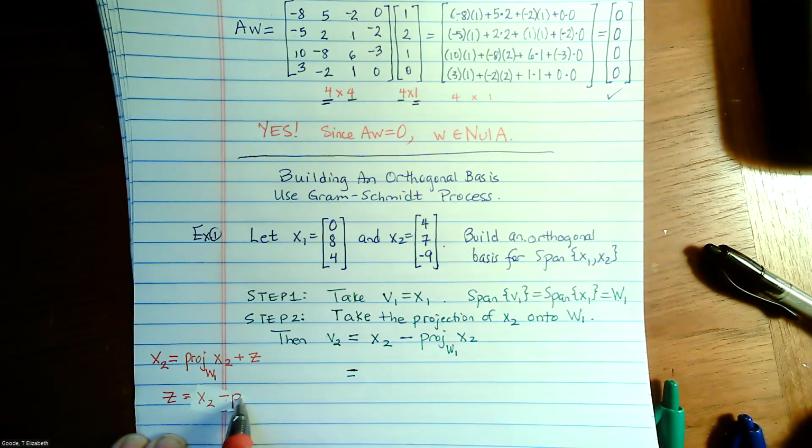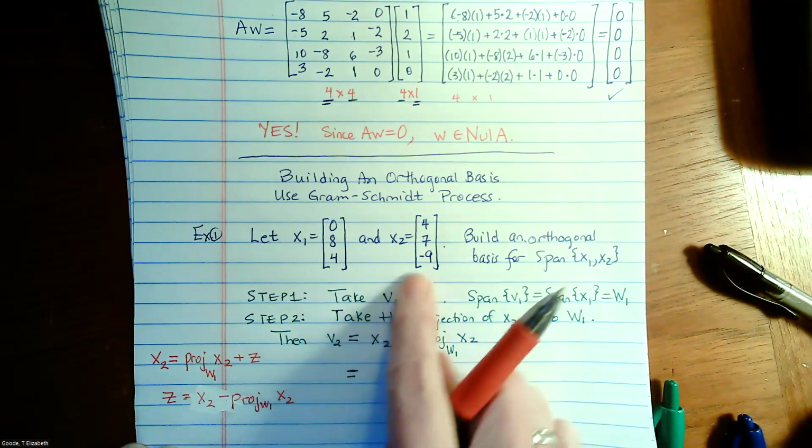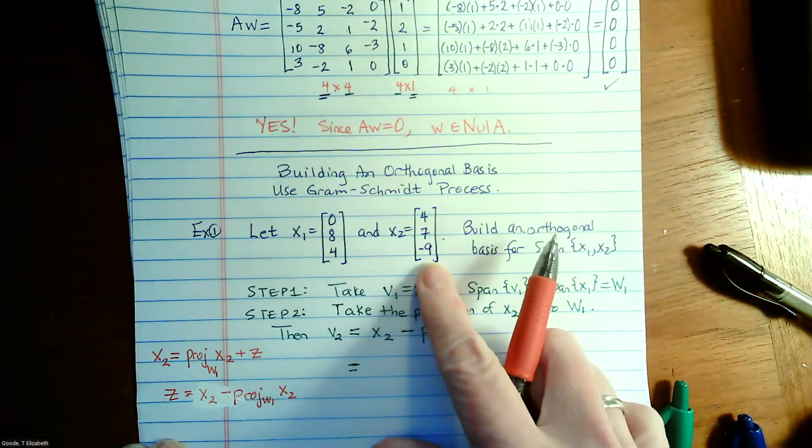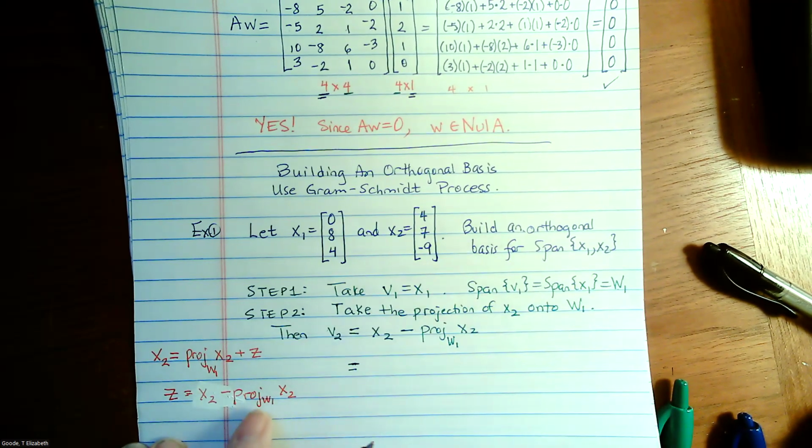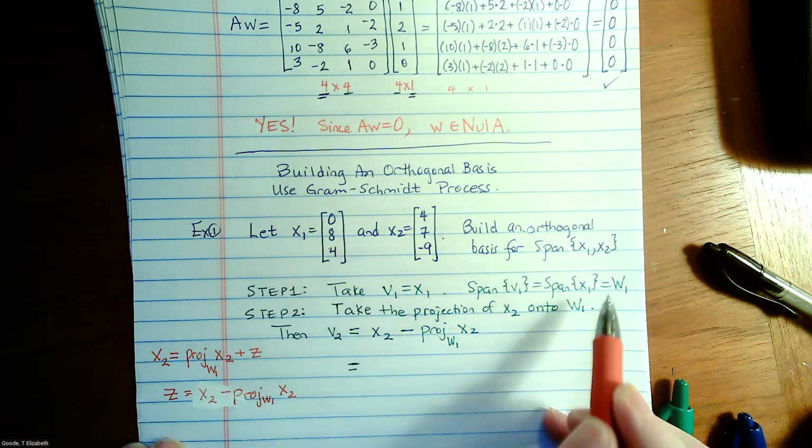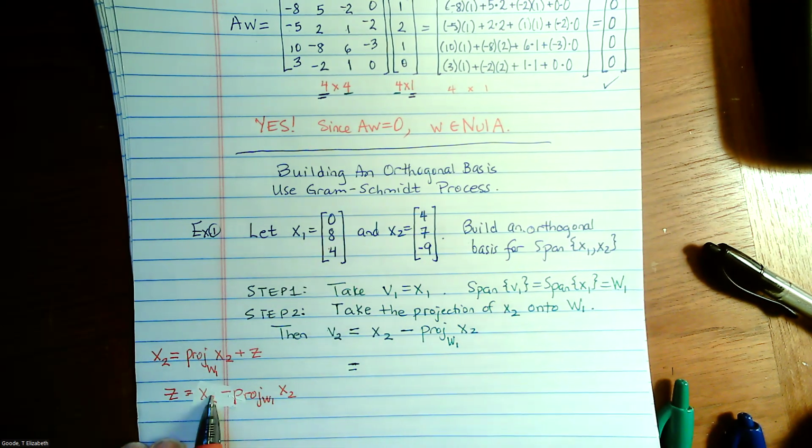Now the question is, wait a second, how do we even know that this lives in the right space? Well, X2 certainly lives in the span of X2. And the projection of X2 onto W1 lives in the span of X1, which is our W1, you see?